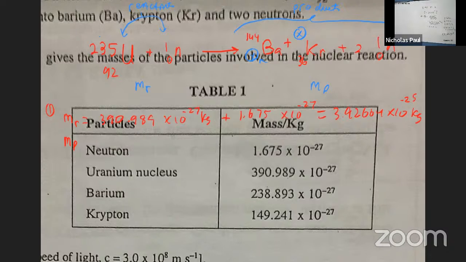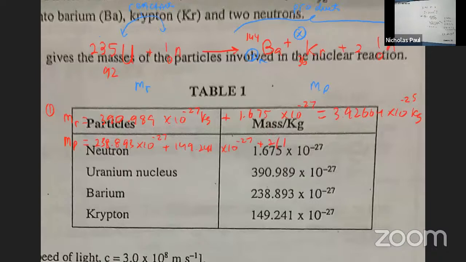Right, so just checking your values here for the products. So the products will be what? Barium, which is 238.893 by 10 to the minus 27. Then we have to add a krypton, 149.241 by 10 to the minus 27. And then you have to add 2 neutrons.